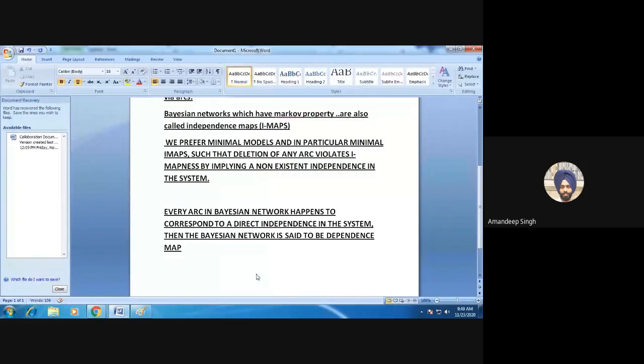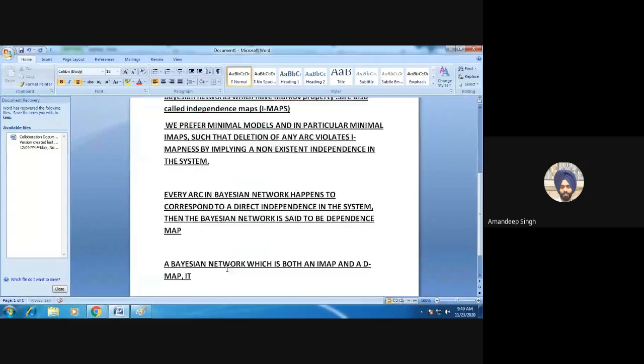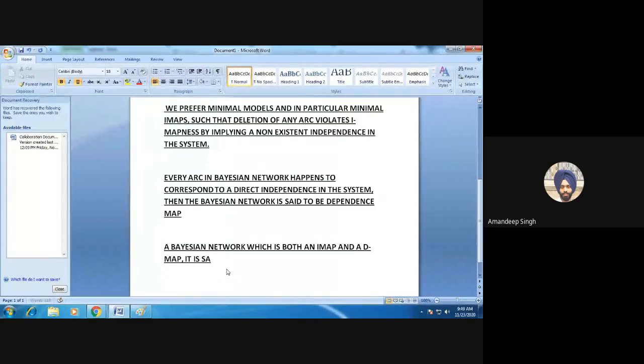And the Bayesian network which is both an I-map and a dependence map, that is a D-map, is said to be a perfect map. Fine.